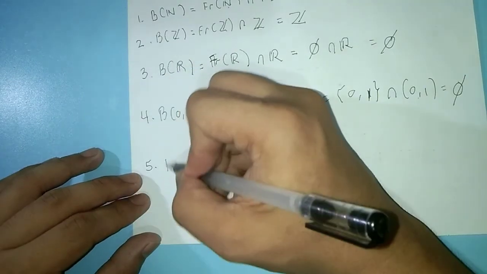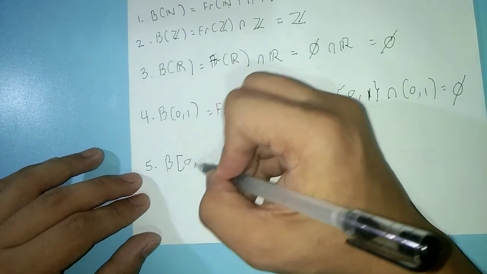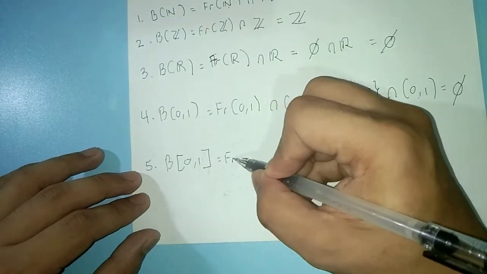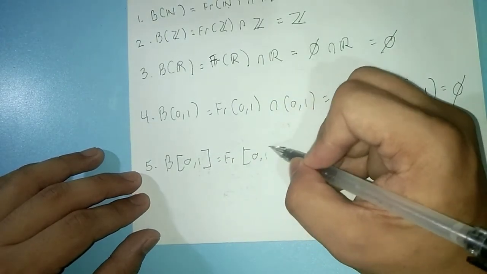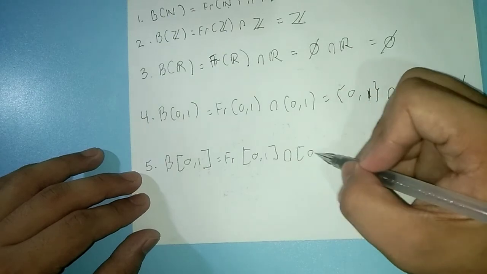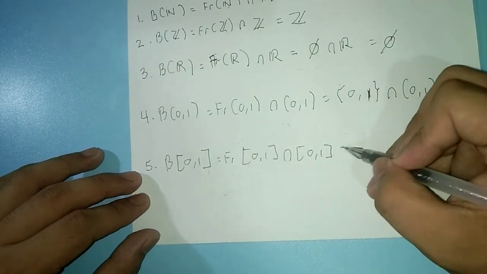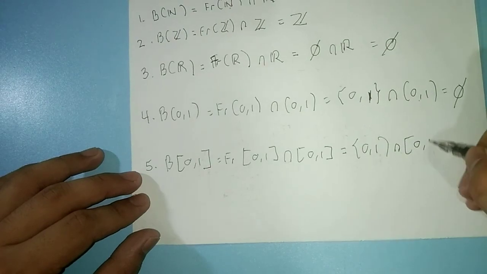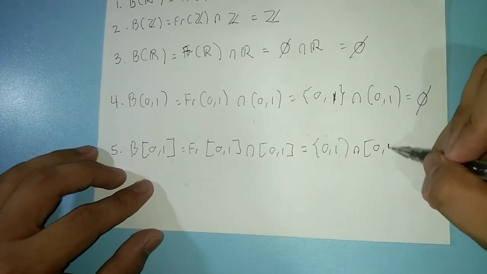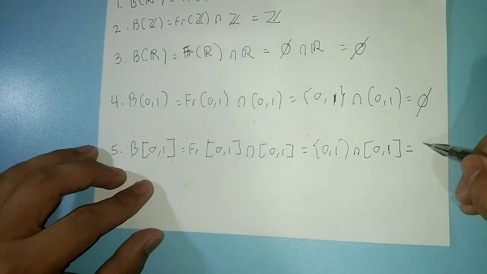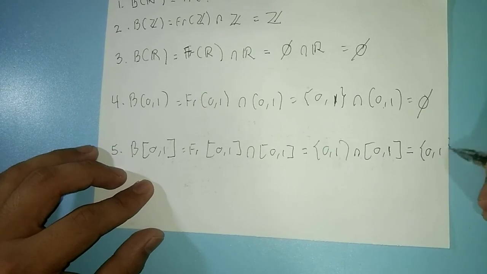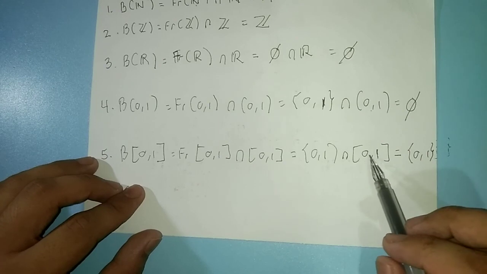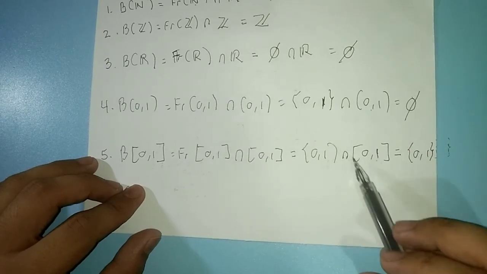Then, kunin naman natin yung boundary ng closed and bounded interval 0, 1, that is frontier ng closed and bounded interval 0, 1, intersection closed and bounded interval 0, 1, and that is the set containing 0, 1. Kasi dito naman, kasama yung 0 and 1 sa set na to.